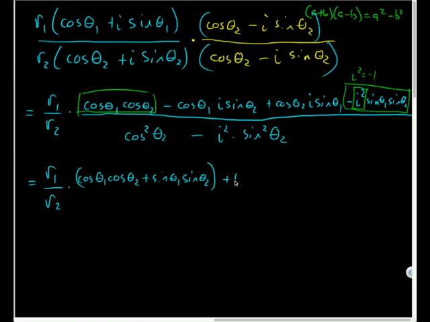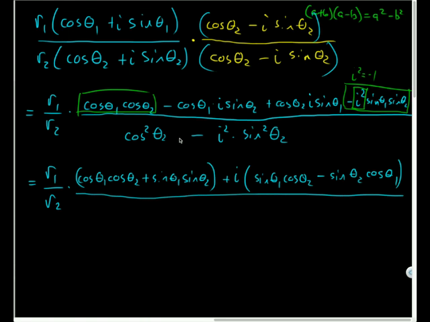Plus i times... and let's see. I'll write this one first. So this would be sine theta 1 cosine theta 2. And then this minus sign is sticking with this guy. And this would be sine theta 2 cosine theta 1, or whichever way you want to write it. It doesn't matter. Cosine theta 1. All over.